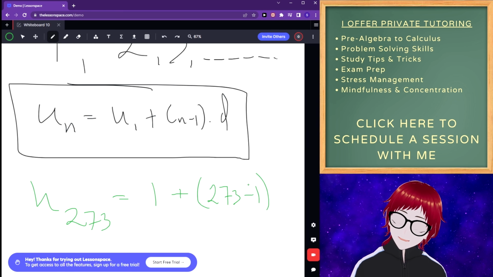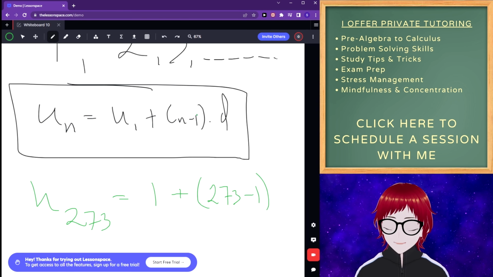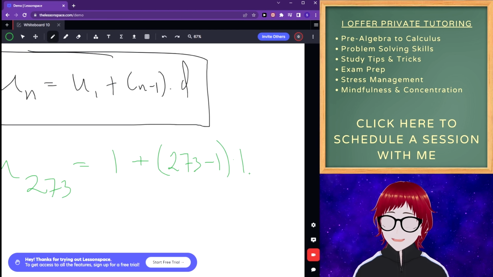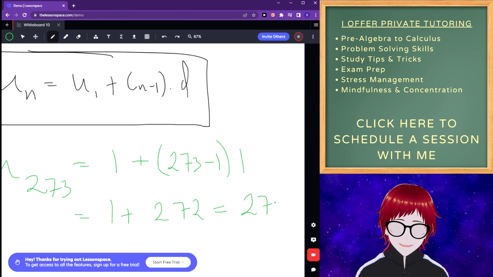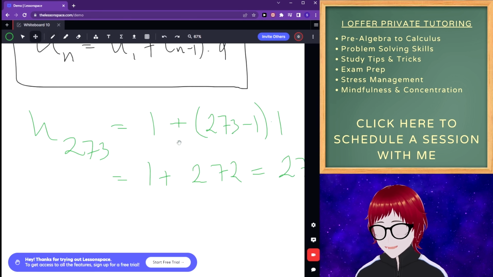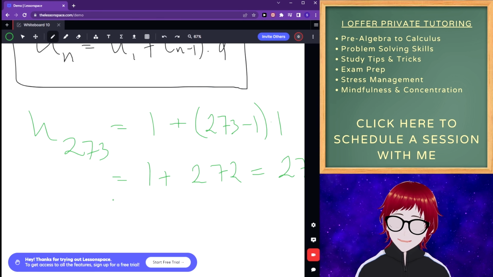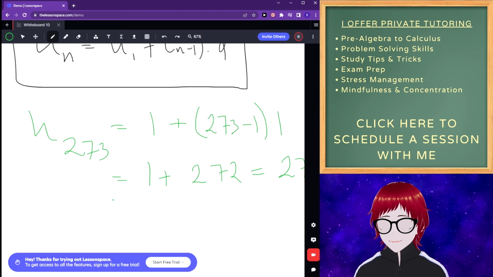It's only for u2 and above, hence the minus 1, and then multiplied by 1, which is my common difference d. And so what number should I expect to be in the 273rd place in this sequence? Well, that number would be 1 plus 272, which again is 273, which is to be expected, right? Because u1 is equal to 1, u2 is equal to 2, u3 is equal to 3 in this specific arithmetic sequence.